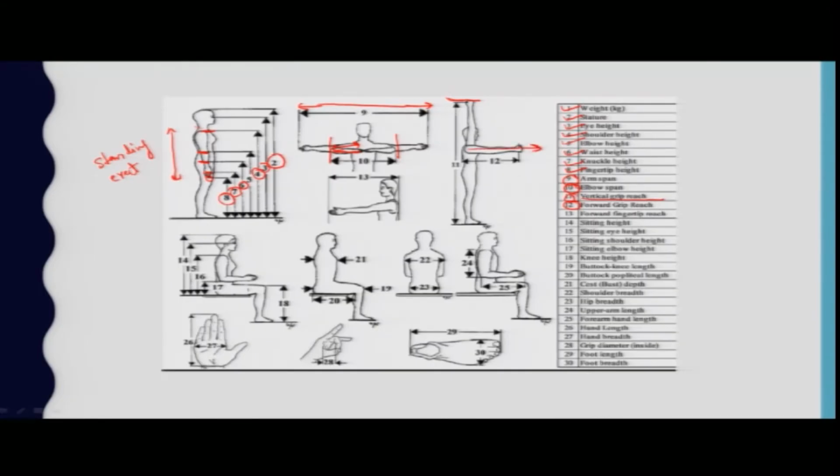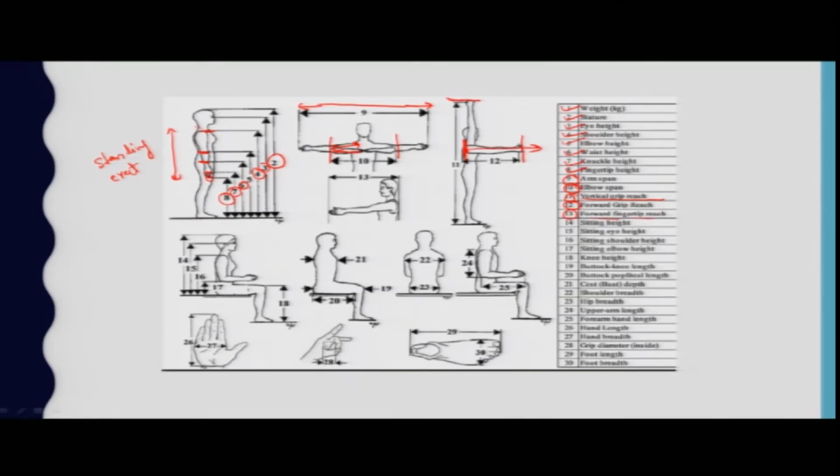You stretch your hand in a forward direction and measure the distance from where your hand is originating to the extreme point up to which your grip can be reached. That particular extension is known as forward grip reach.